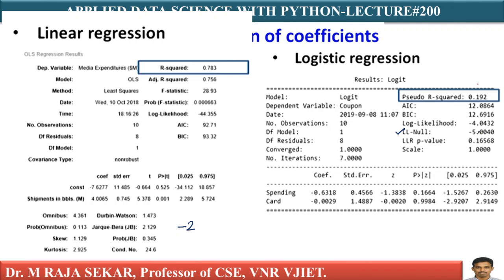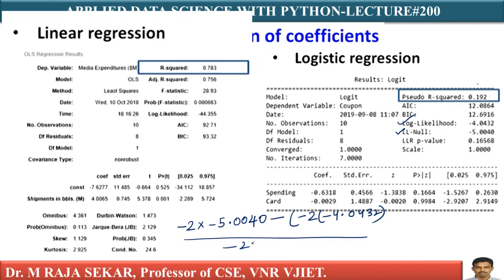where LL null is minus 5.0040, minus of minus 2 into the model log likelihood value, which is minus 4.0432, divided by minus 2 into LL null, which is minus 5.0040.